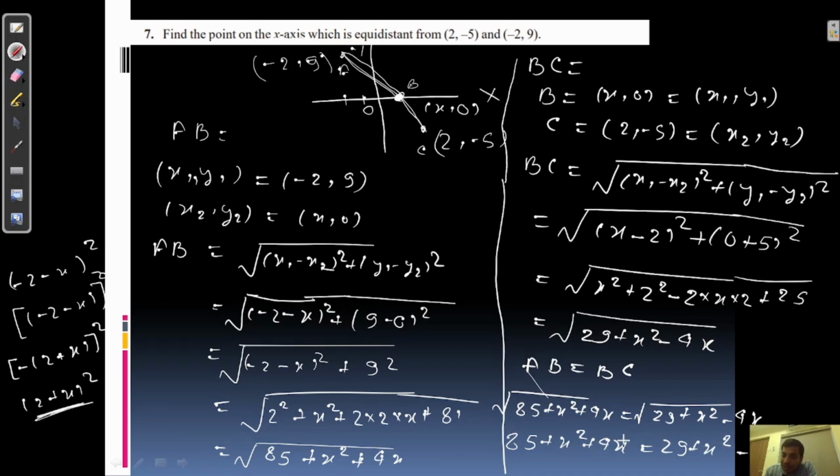So this x square I will send it there. It will become minus x square, so x square cancels. So I am cancelling it now. I am not having a lot of space, so I am removing these things. If you want to note it down, just pause the video and note it down.